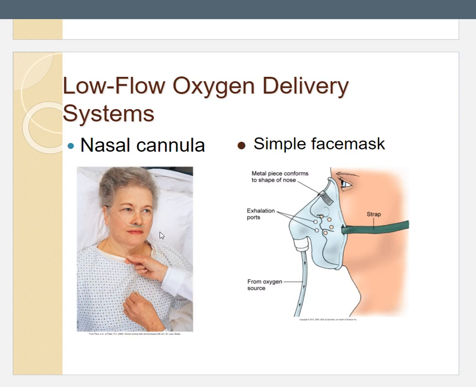This is a common type of therapy that we give a patient maybe when they come out of surgery. They've just had a general anesthetic. We put a little O2 on them, try to get their oxygen levels up, kind of stimulate them to get them breathing on their own.